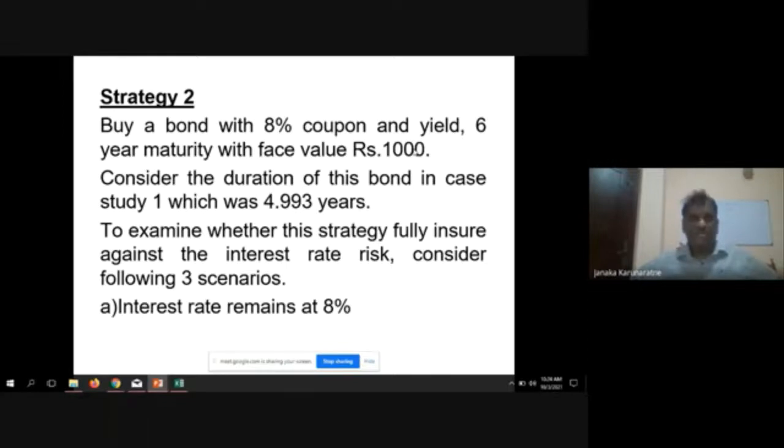That is 4.993. There's a slight difference between 5 and 4.993, but this is a good hedge. But now how do we know whether we are fully insured?